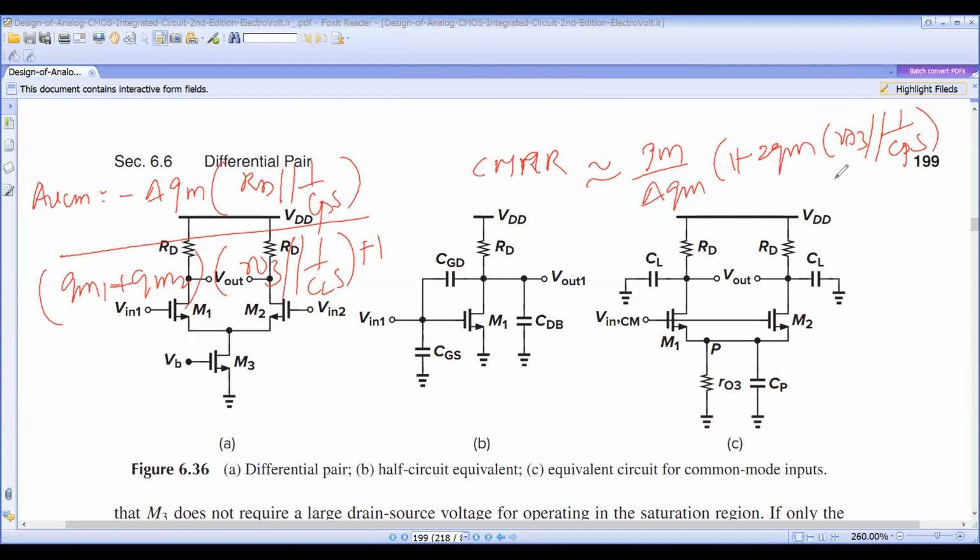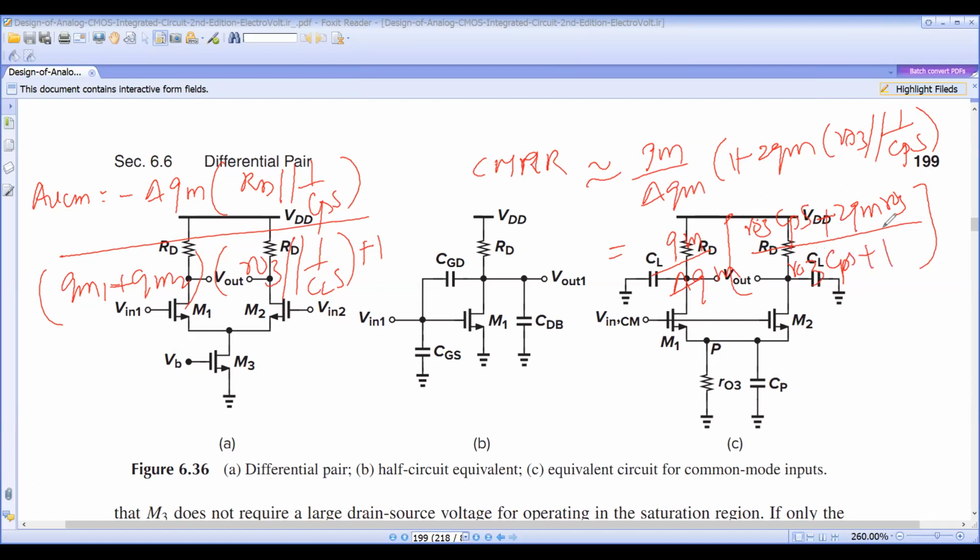So now I can apply GM by delta GM. In place of this, we have the parallel combination of these two, which is R03 by R03 CPS plus 1. So it becomes 1 plus 2 GM into R03 by R03 into CPS plus 1.